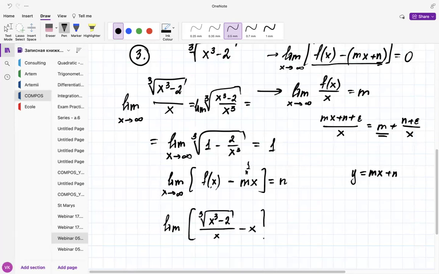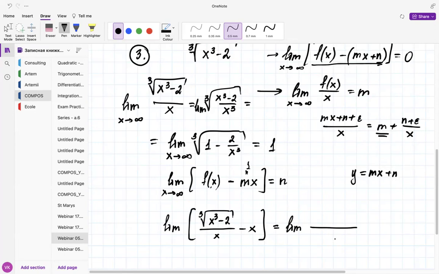So this would be a little bit, you know, we have to do something about that. Well, first of all, let's use the common denominator, right? What would it be?